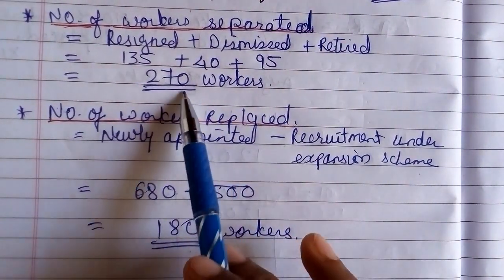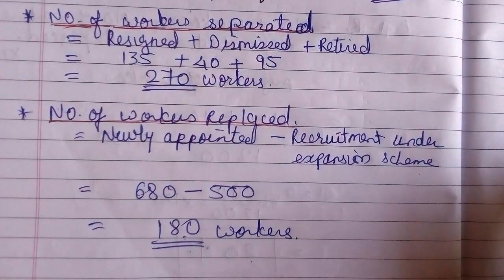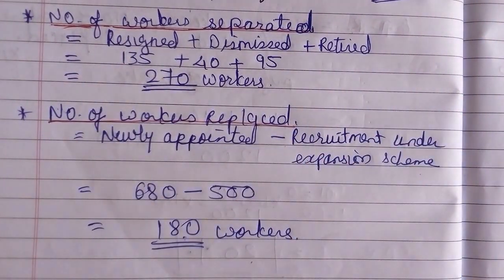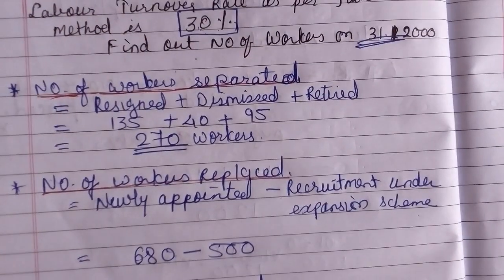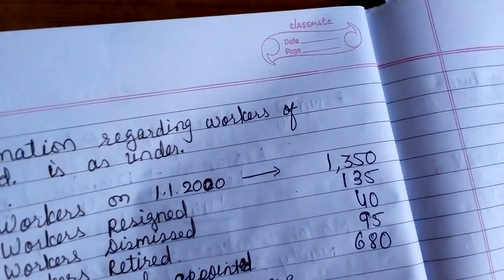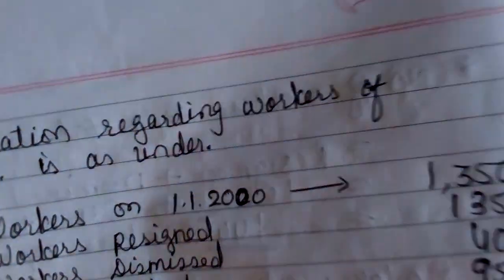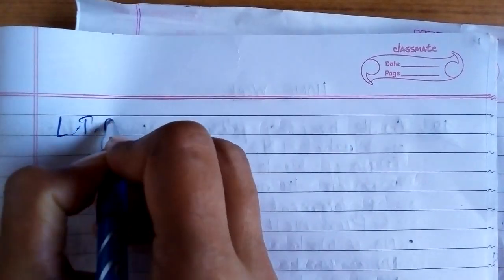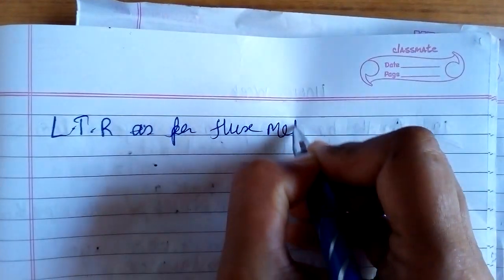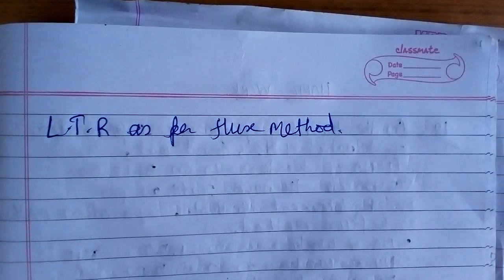So number of workers separated we have calculated and number of workers replaced we have calculated. So here in this example, number of workers at the end are missing and labor turnover rate as per flux method is given. So let us calculate that. Labor turnover rate as per flux method is 30%. So now let us write the formula of labor turnover rate as per flux method, right?